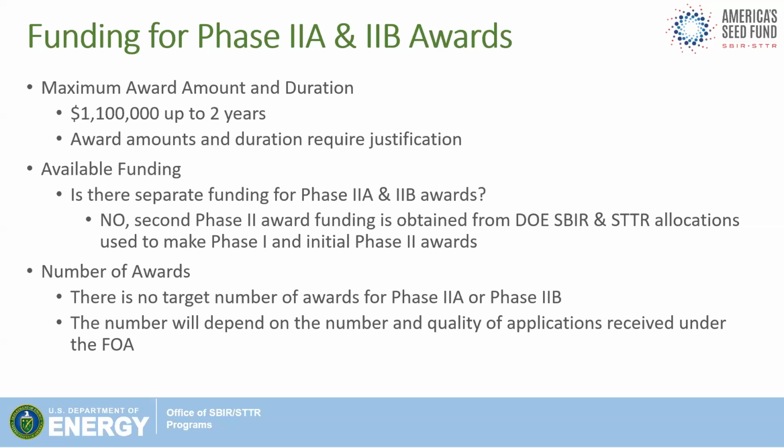So in a sense, you are competing with other Phase 2 applications when award selections are made. There's no target number of awards. It just depends on the quality of applications received under the NOFO, not FOA.